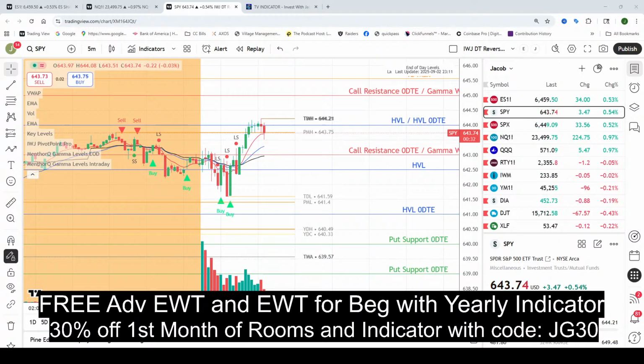Yes, still 644 strike. You'd like to see them close below the 8 here, but I don't know if that's going to happen.